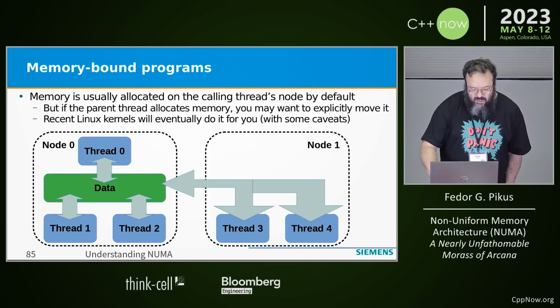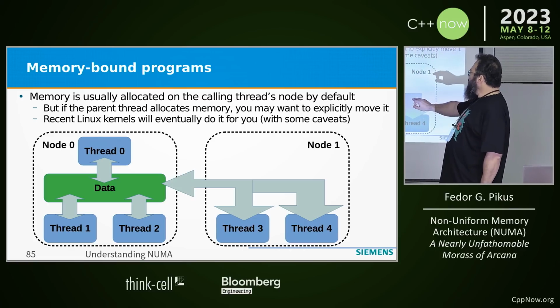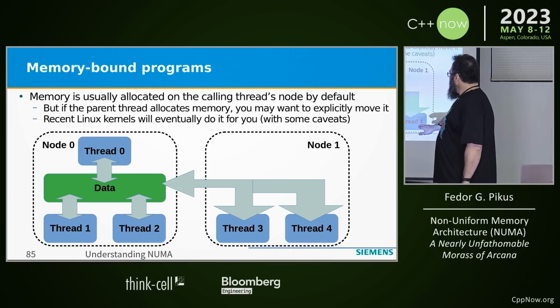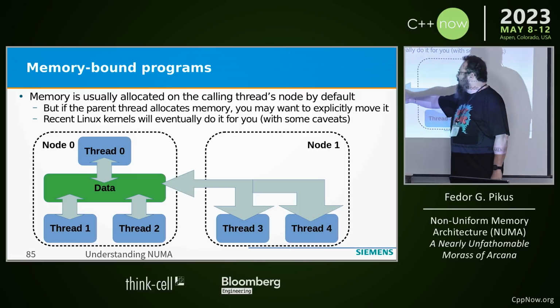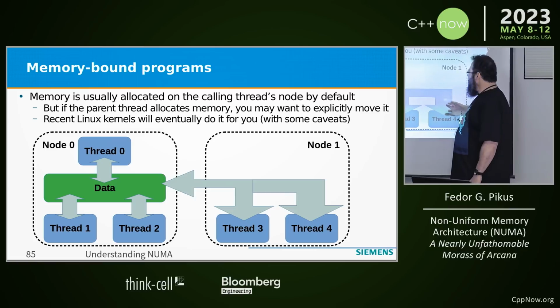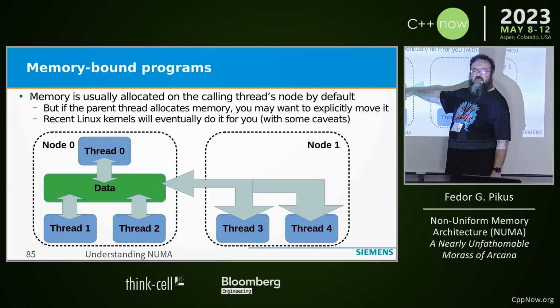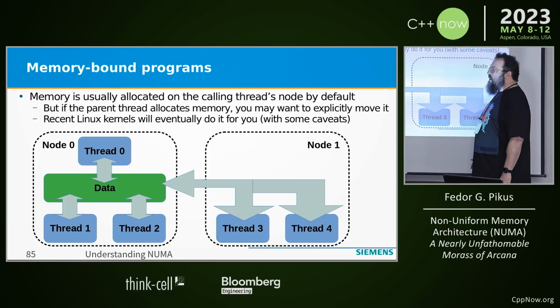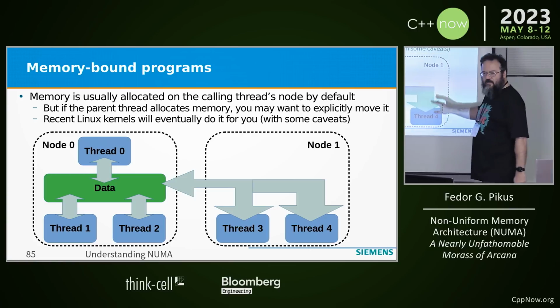Now the data problem. Ideally, you want your data to be within a node. If it's allocated on a different node, these threads have to do a cross-node interconnect access. If this is all you do, the OS will eventually move the pages.